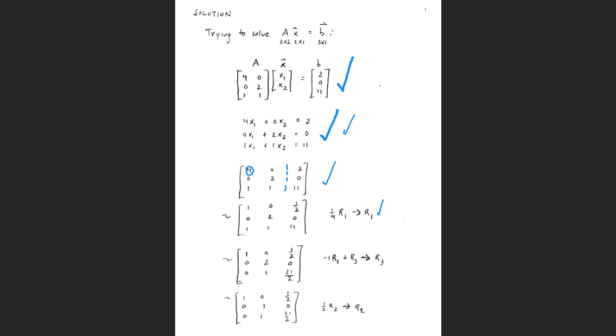I'm going to take -1 times the first row and add it to the third row, and replace the third row by that result. Very basic stuff here. And then where the 2 is, I want to get a 1 as a pivot, so I'll multiply the second row by a half and replace the second row with that result.